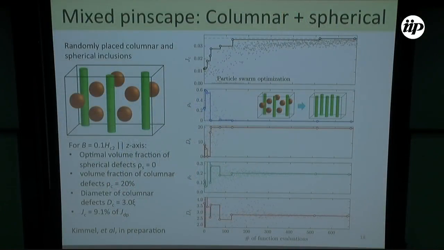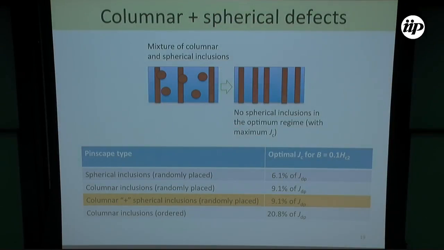Of course, the volume fraction is the same, but the volume fraction of the spherical defects goes to zero in the optimum. So basically we just add this to the table.